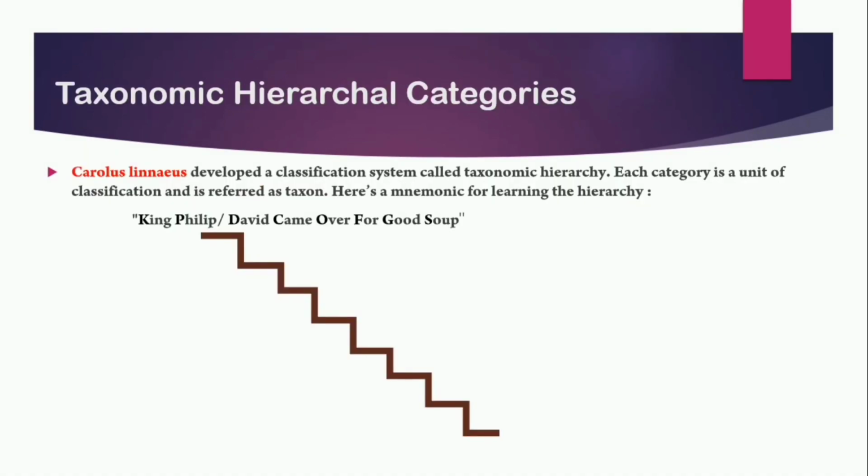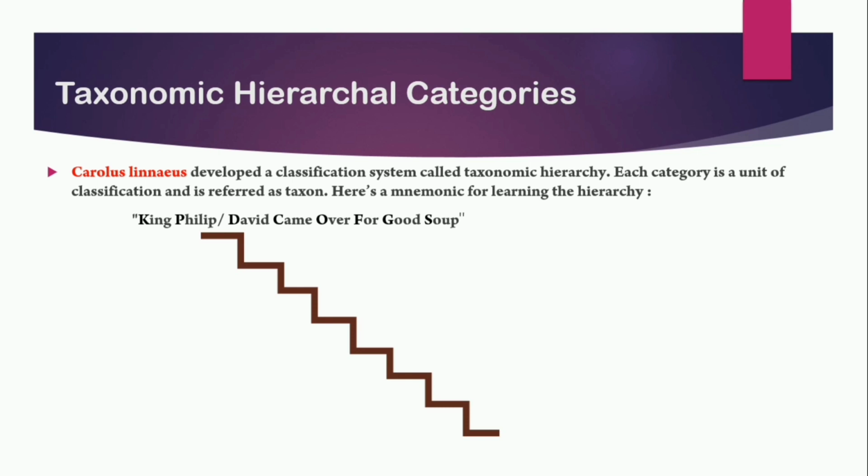Now taxonomic hierarchical categories. Okay, so in the second slide I have told you that Carolus Linnaeus developed a classification system or hierarchical system. So this is what he developed. Now Carolus Linnaeus developed the classification system called taxonomic hierarchy.